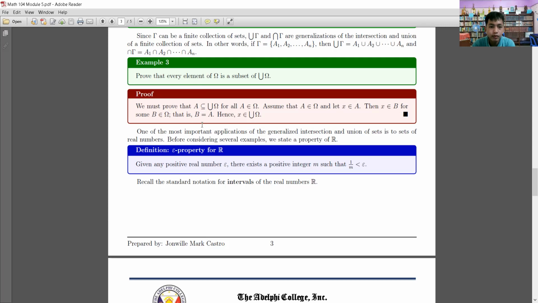So this means that every element of omega is a subset of the union. When we look at the union of omega, or of a finite collection of sets, its elements are subsets of it.